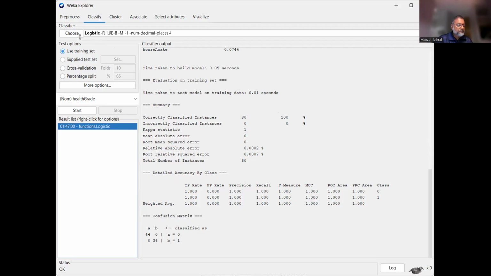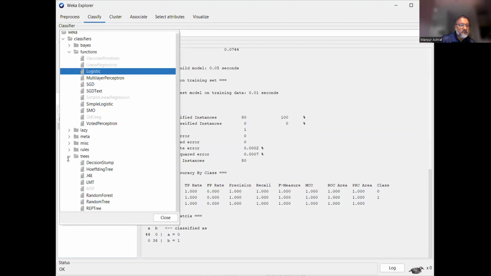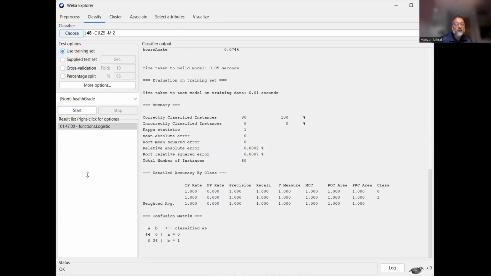Okay, there are other methods in this particular regard as well. So let's see, I would like to probably use another kind of algorithm, say trees J48, right? And then I just use a percentage split of 6% and then start, right?